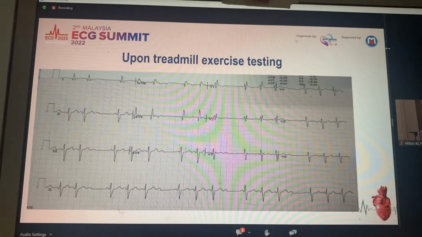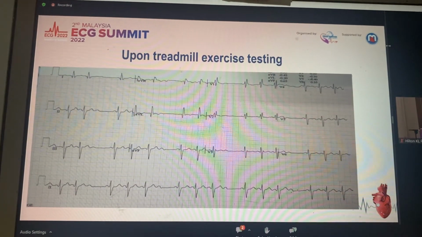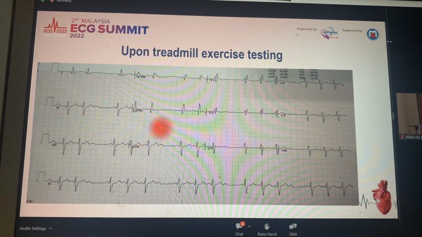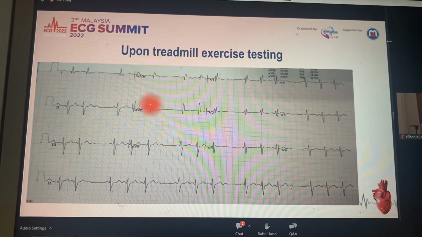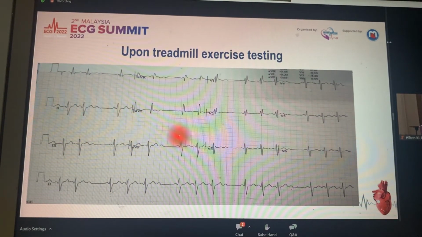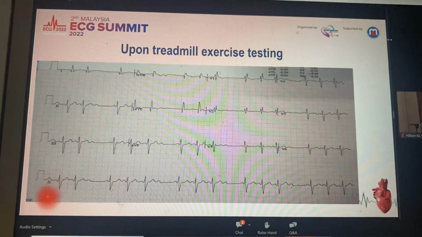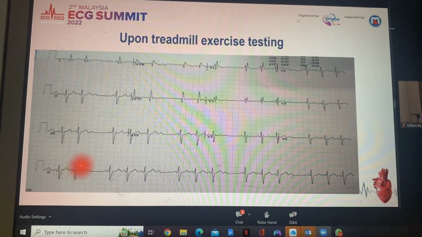So this is the ECG that was done during the treadmill exercise testing. Let me recap. Number 1, at rest you have first degree heart block, and then during the Holter monitoring you get second degree Mobitz type 1, and then during the treadmill exercise testing you can see that it goes to high degree AV block.